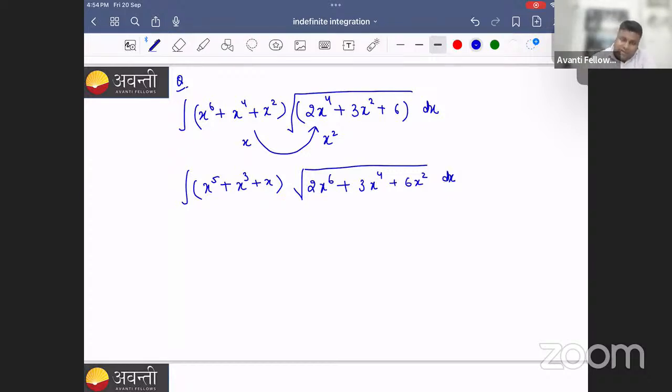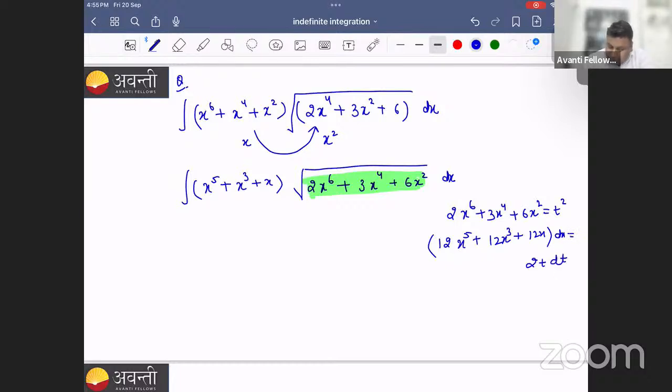And now if you see, if I assume it as t square, its derivative is written outside. That means 2x to the power 6, 3x to the power 4, 6x square as t square. Its derivative will be 12x to the power 5 plus 12x cube plus 12x dx equals 2t dt.